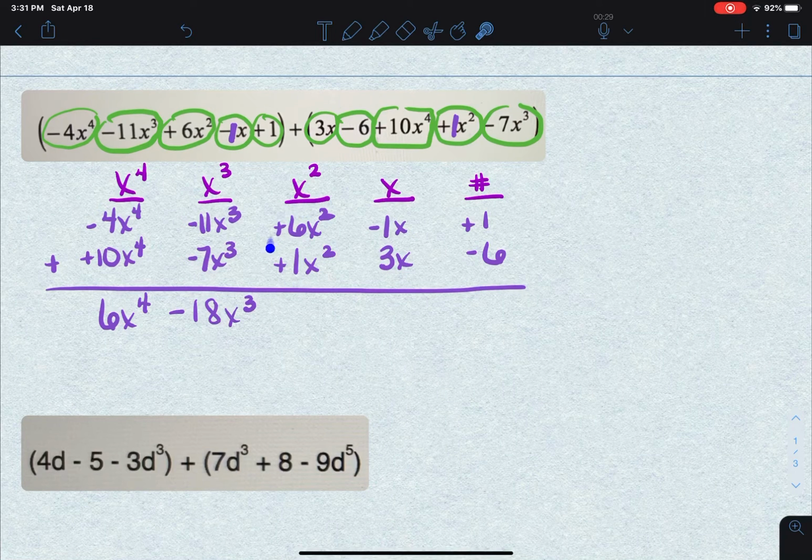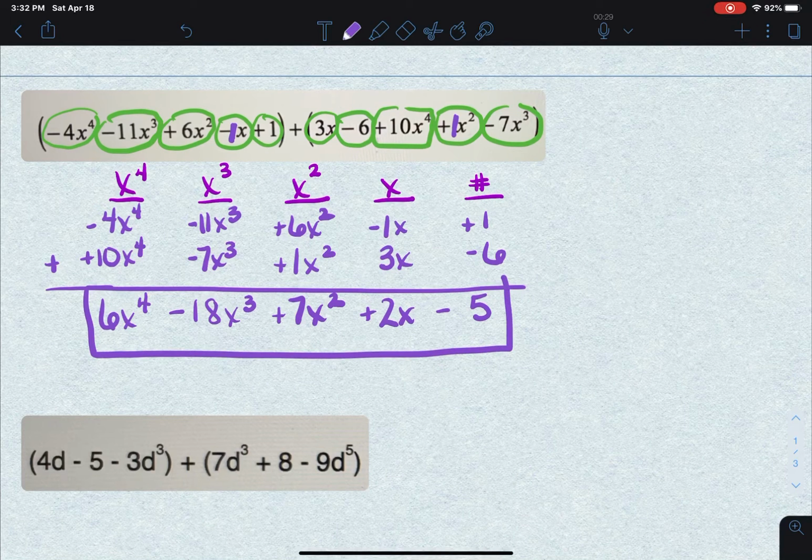Now this column, positive 6 and positive 1 is positive 7. Negative 1 and positive 3 is going to be positive 2. And positive 1 and negative 6 is negative 5. Here's your final answer on that one.